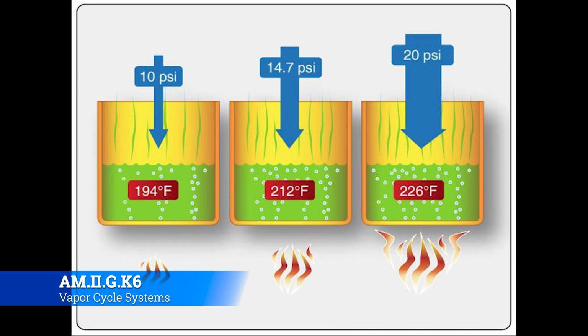The boiling point of tetrafluoroethane, or R134A, the refrigerant used in most aircraft vapor cycle air conditioning systems, is approximately negative 15 degrees. Its vapor pressure at 59 degrees is about 71 psi. The vapor pressure of any substance varies directly with temperature.